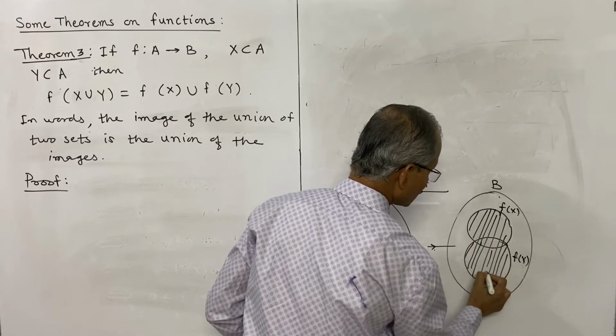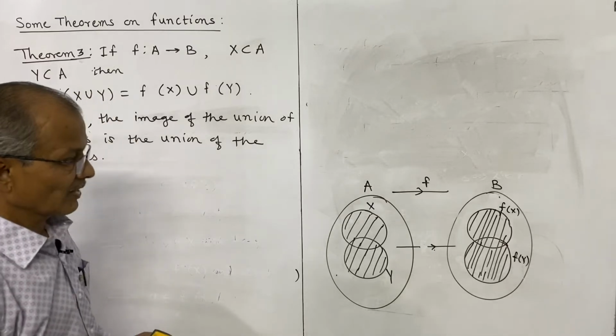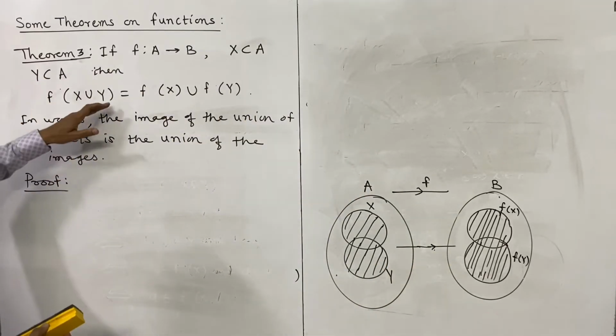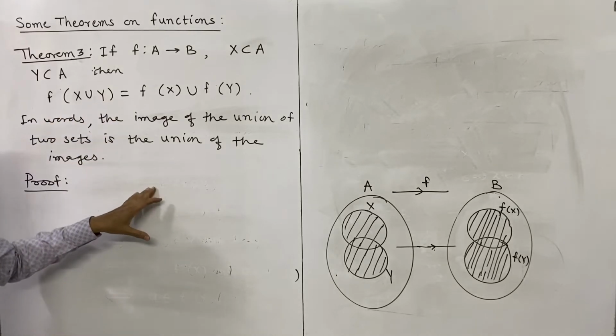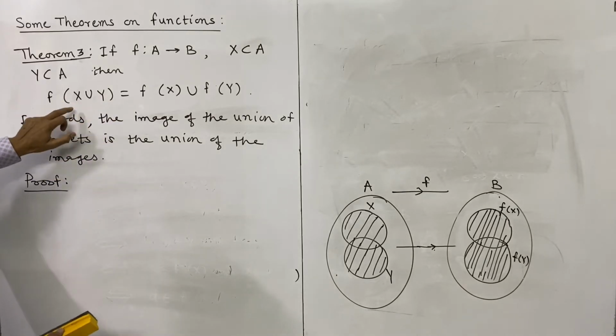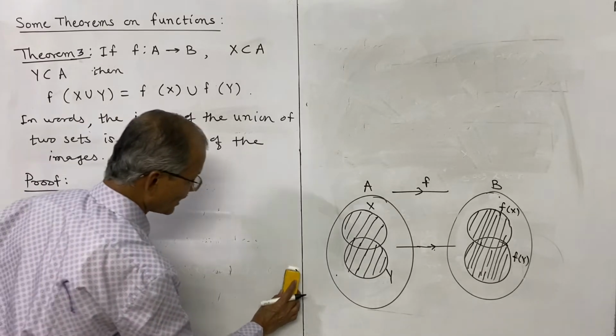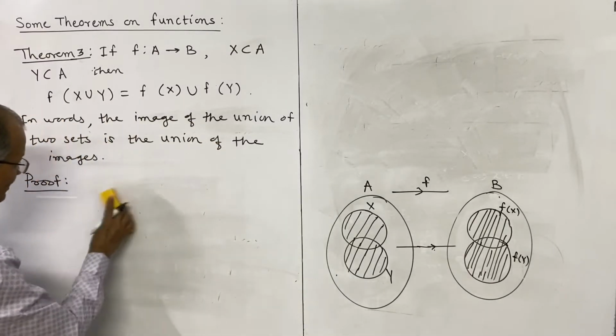So these two regions are mapped to each other. So that is the meaning of the theorem, and we shall prove this in separate implications. So we shall first suppose say B is an element in that set.